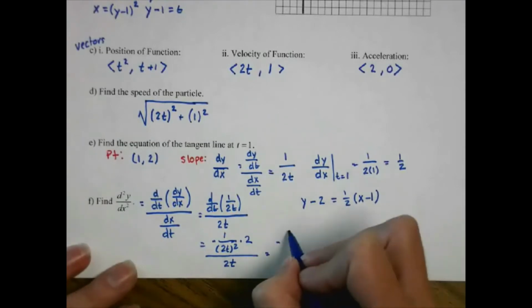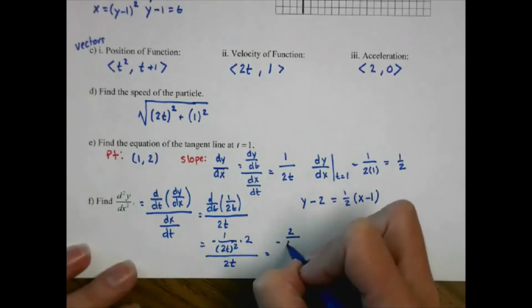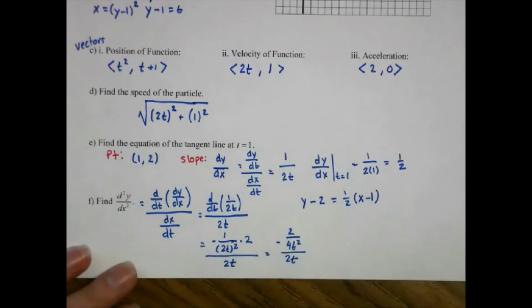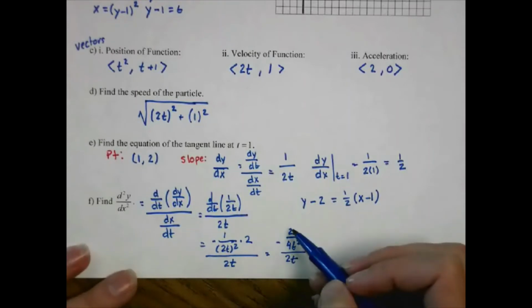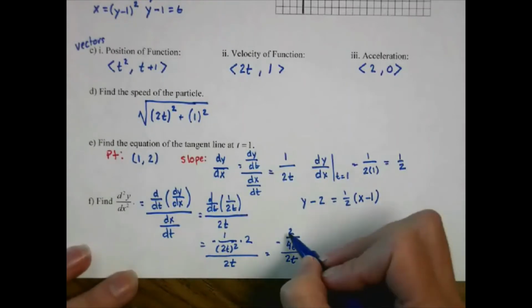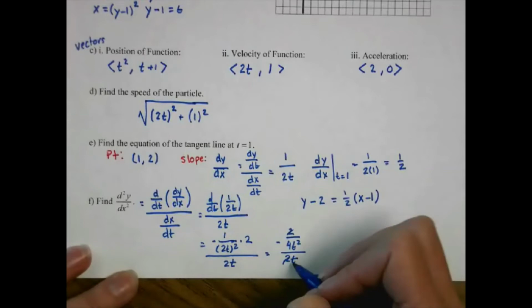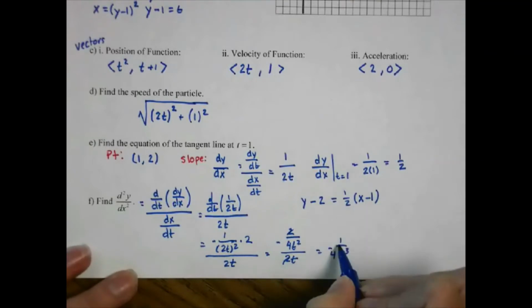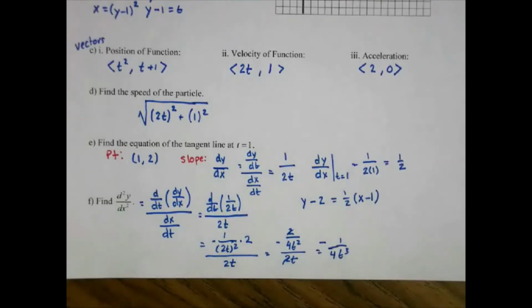So this is going to be a negative 2 over 4t squared, over 2t. The 2's can cancel, and then we can combine this. So this is going to be a negative 1 over 4t cubed if you want to simplify, but we don't necessarily need to do that.